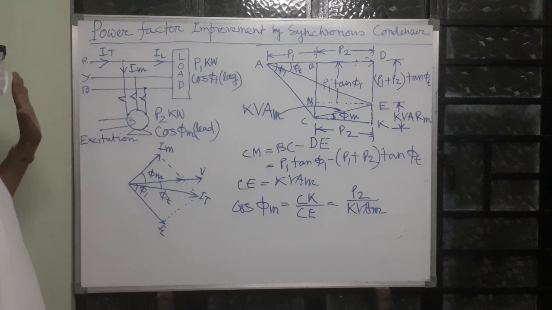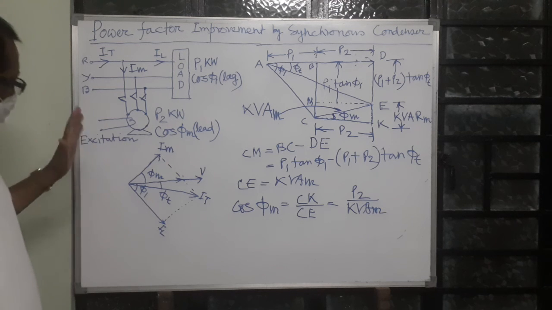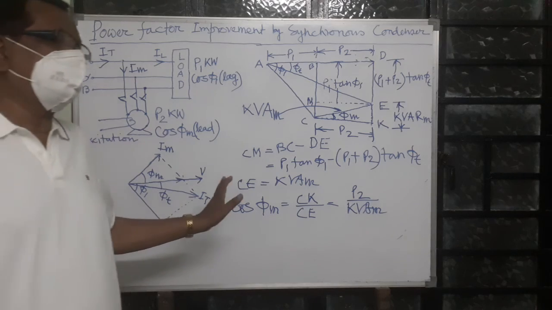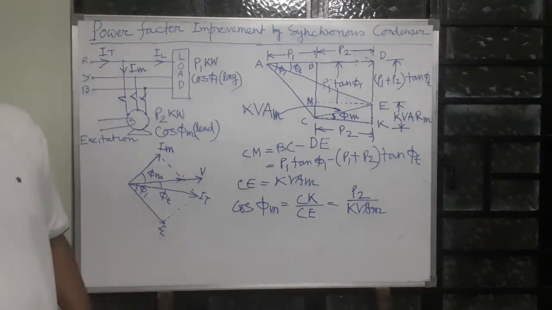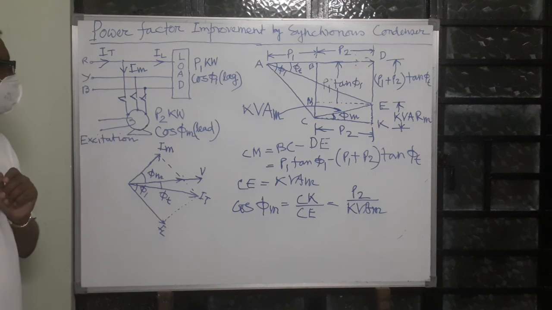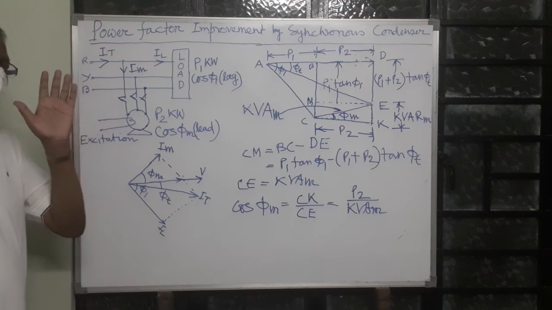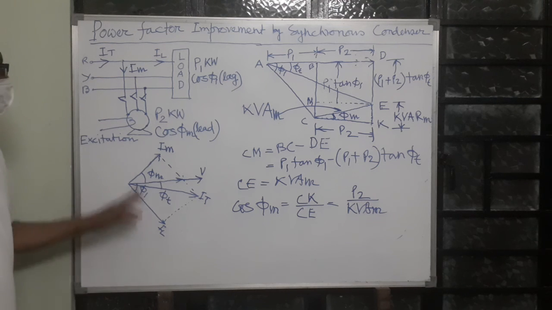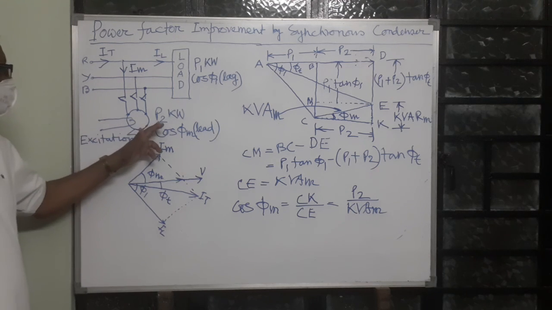One important point: the disadvantage of the synchronous condenser with respect to the static condenser. A static condenser does not take any power, but a synchronous machine takes power P2.